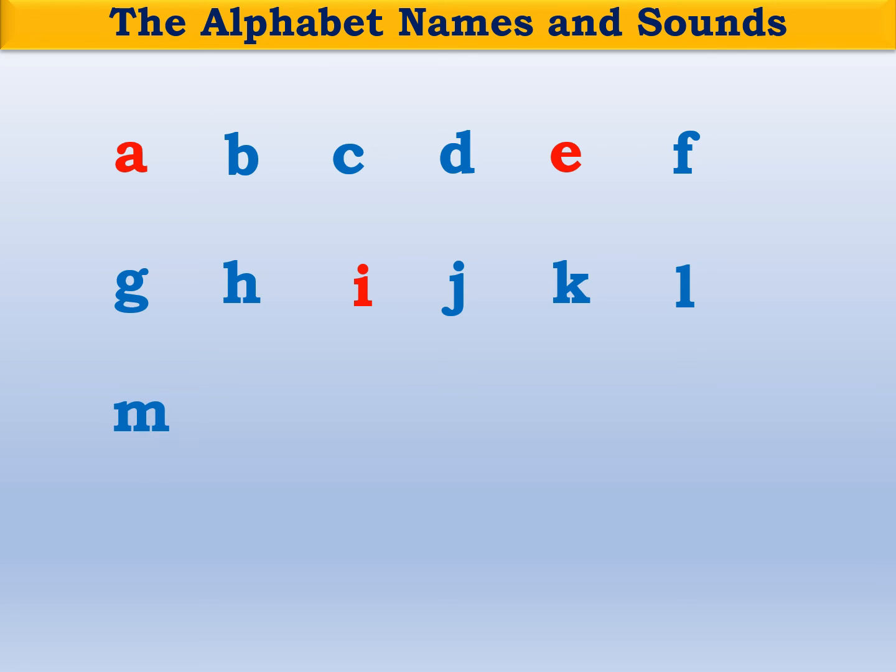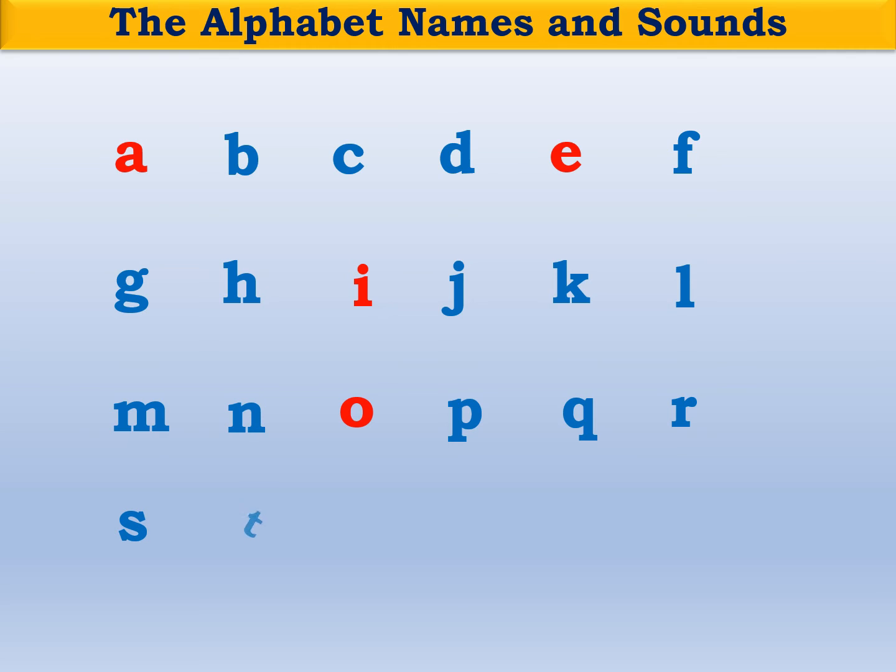M, mouse. N, nest. O, ocean. P, parrot. Q, queen. R, rainbow. S, sun.